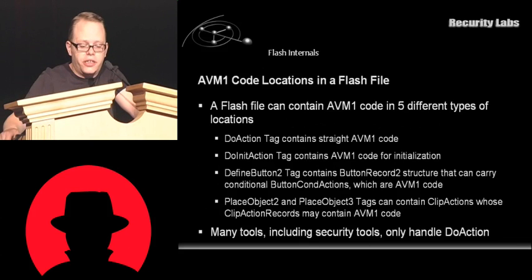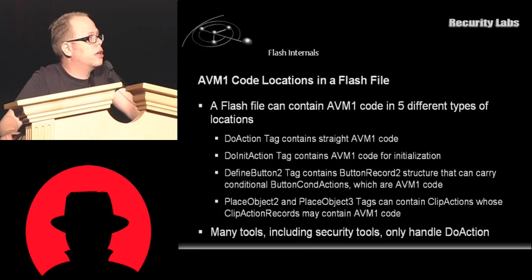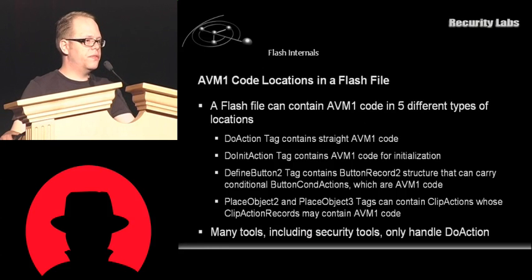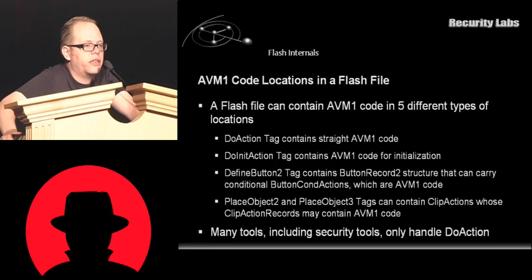So where will we actually look for code in a Flash file? We talked about the tag types. There is a tag type called doAction that usually carries most of the AVM1 code. DoInitAction is the tag type I mentioned for initialization code.